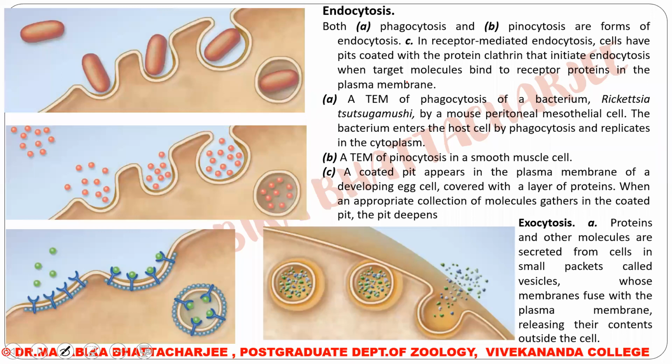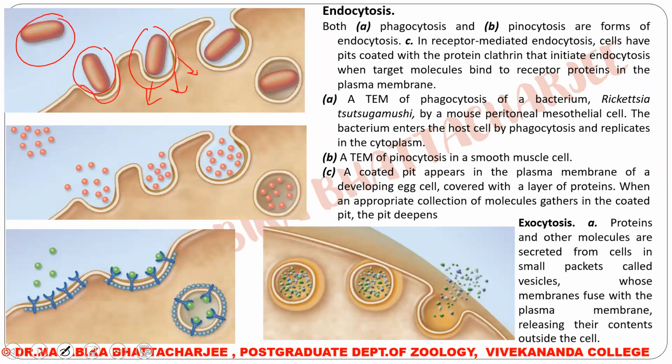And finally, coming to the last part of the functional part of the plasma membrane, as I was saying, endocytosis. So endocytosis is that some particles come to the plasma membrane. The plasma membrane is pinching inward.